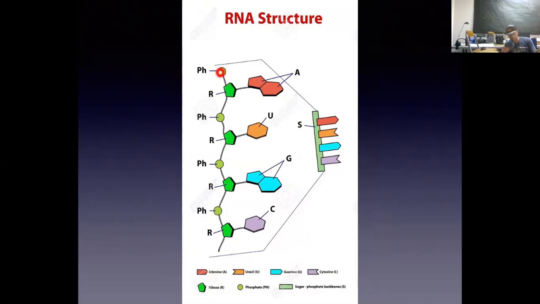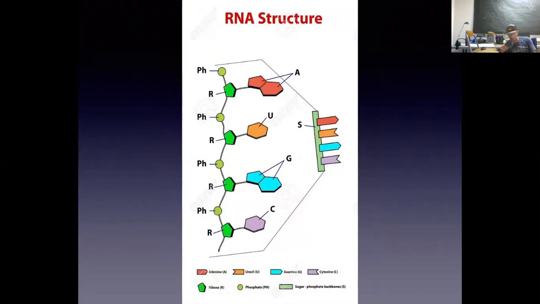And if we continue this structure on, because RNA is way more than four nucleotides long, this phosphate would bond to the next sugar of the next nucleotide. That sugar phosphate backbone is consistent. Doesn't matter what nucleotide you have. The thing that makes nucleotides different is the nitrogenous base that you have here, or here, or here, or here.